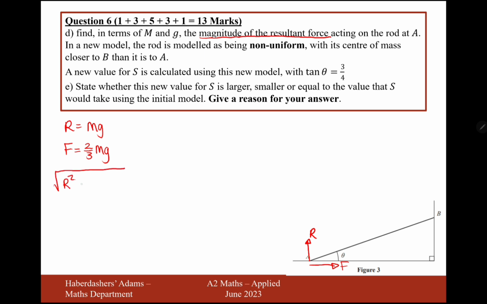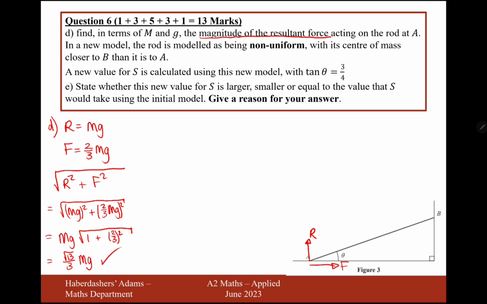So the square root of R squared plus F squared is going to be mg all squared, add 2/3 mg all squared. We can pull out a factor of mg squared square rooted, so that's 1 plus 2/3 squared, and let's do that on the calculator. Square root of 1 plus 4 over 9 gives us root 13 over 3 mg, and there we are, that's the answer for part D.